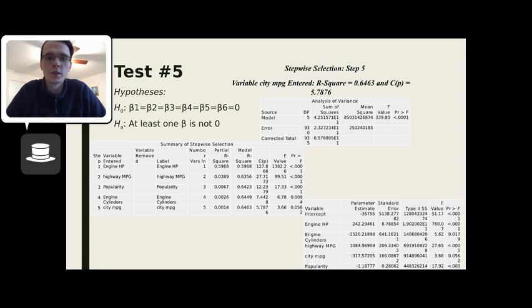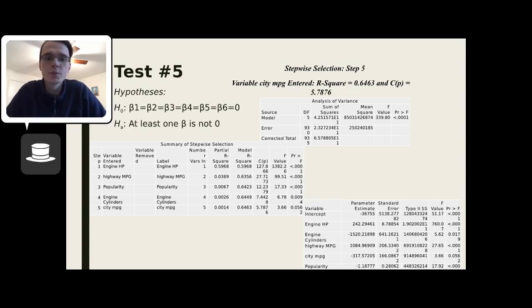Hypothesis for this test: H0: beta 1 equals beta 2 equals beta 3 equals beta 4 equals beta 5 equals beta 6 equals 0. And our HA hypothesis is at least one of the betas is not equal to 0.